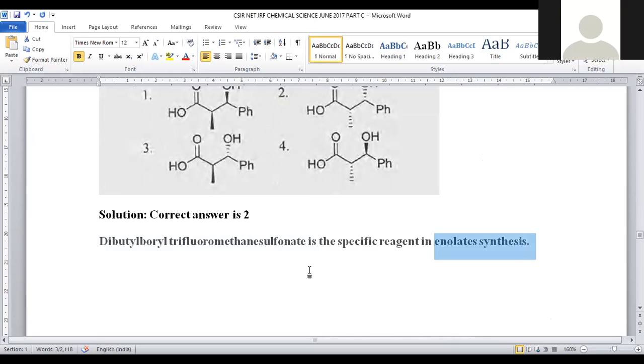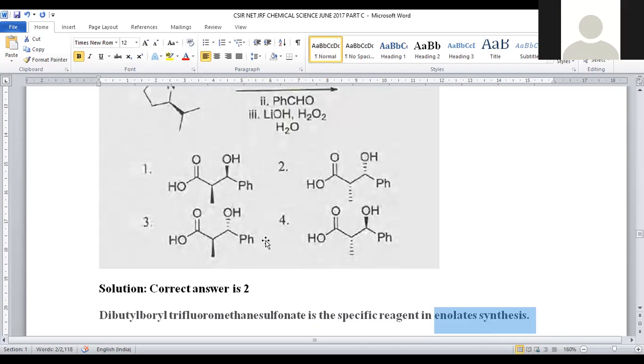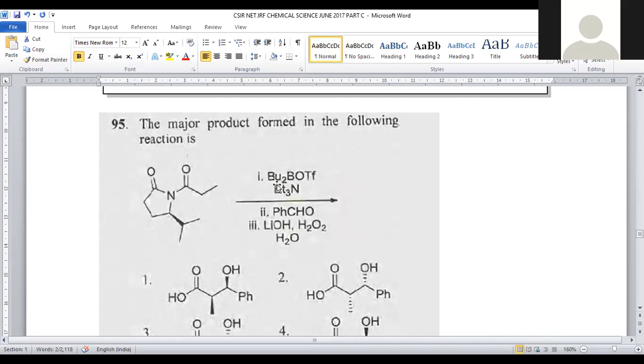It is a very specific reagent for the synthesis of enolates. So in the presence of this reagent, enolates will be generated. For that purpose, we are using this reagent, right? And next triethylamine, a mild base, is added, then benzaldehyde will be added, then lithium hydroxide, followed by hydrogen peroxide and water, right? So in this reaction sequence, we have to predict what the final product will be.